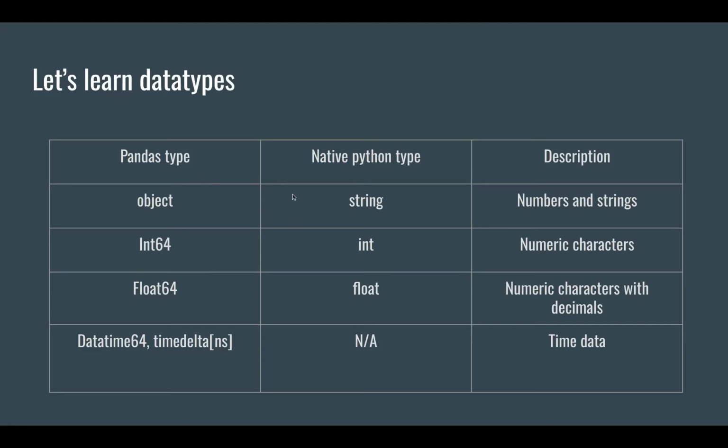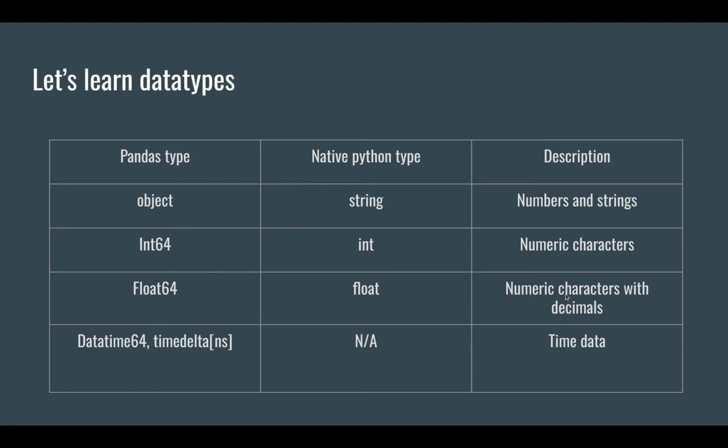So some are very similar, such as numeric data type, int, and float. So int64 and a native Python int, they're similar in a sense they're numeric character, and float64 in pandas and a native Python float is similar in a sense they're numeric characters with decimal.